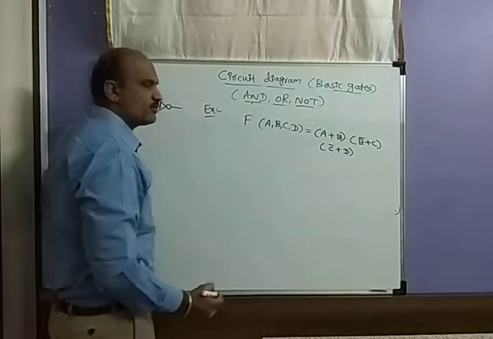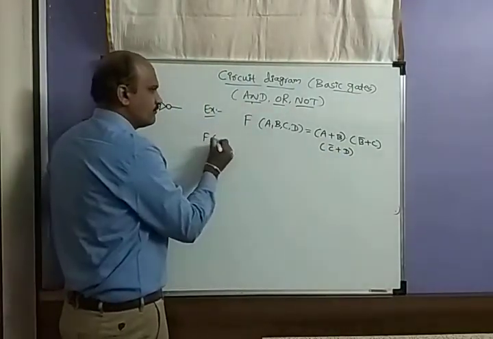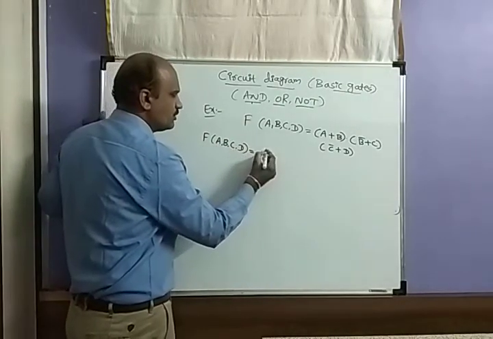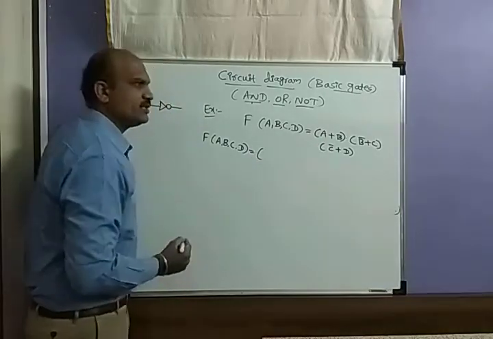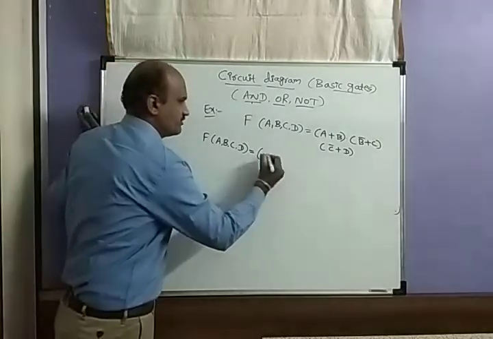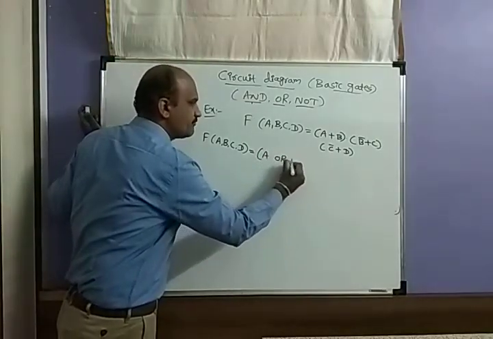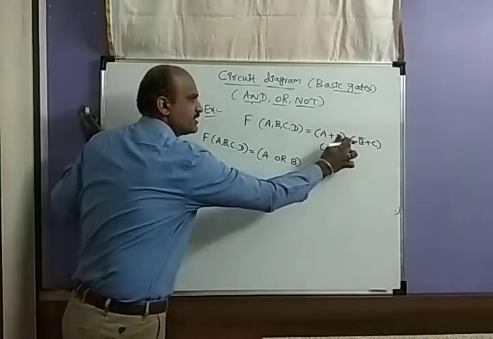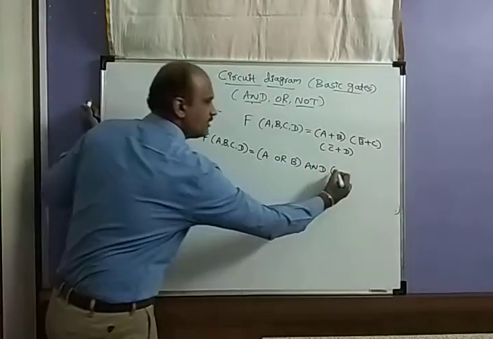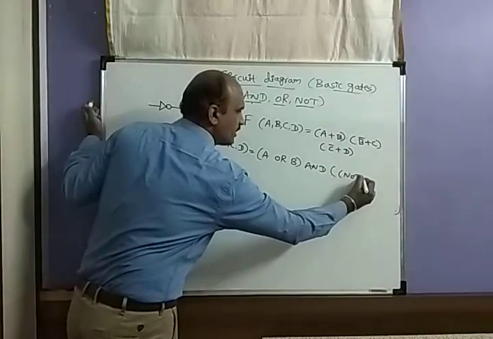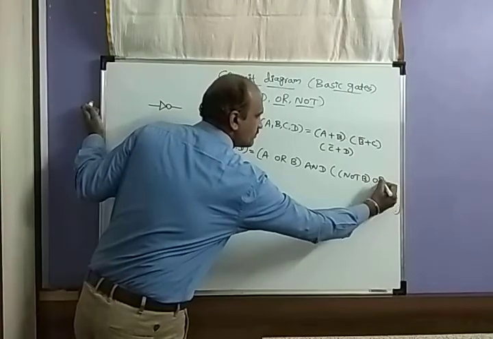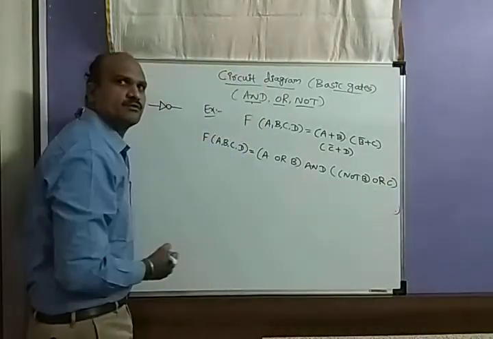Now we have to write what? F of A, B, C, D is equal to A plus B. Here plus is inside. Okay. So plus means OR gate. So A or B, and multiplication is outside, so AND. Next B bar, as I told you, not B, and plus means OR C. Okay.